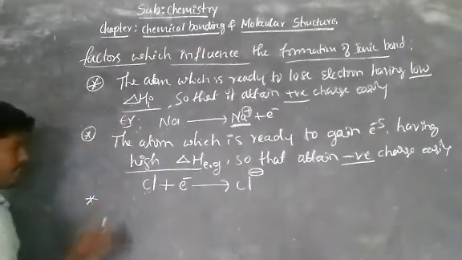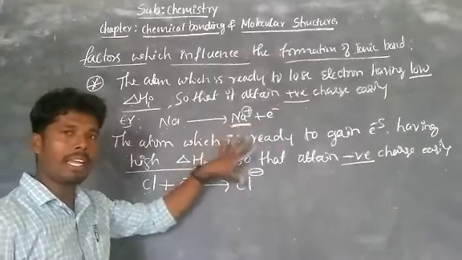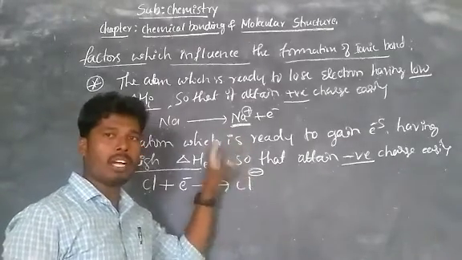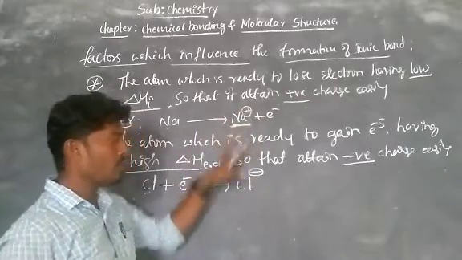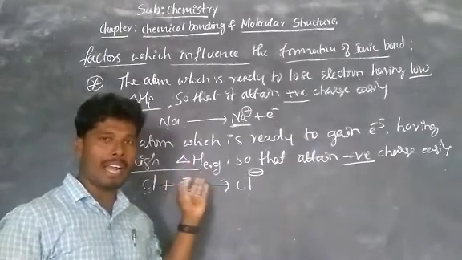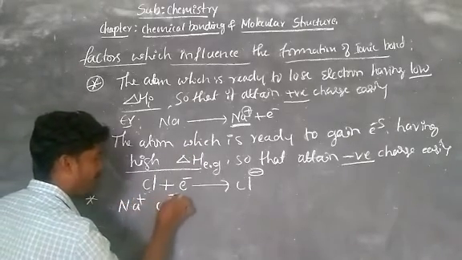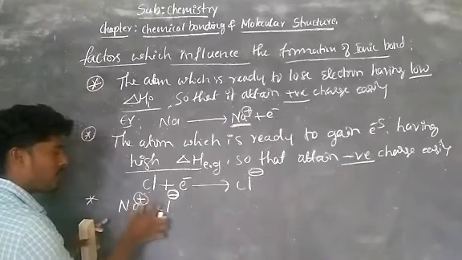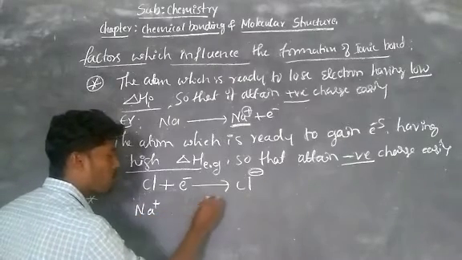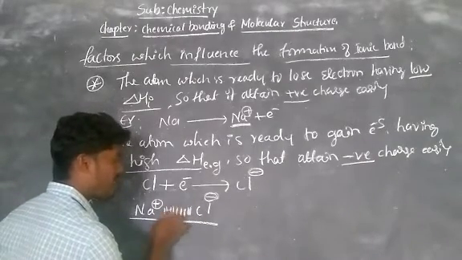Now the third point, see, two oppositely charged ions having a high electrostatic force of attraction to form crystal lattice which has high lattice enthalpy. Let us assume this is the force.